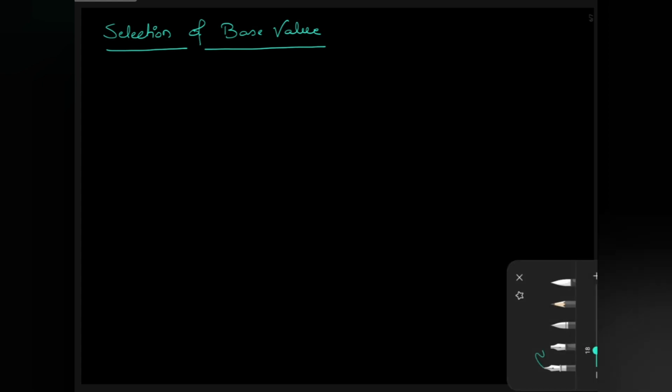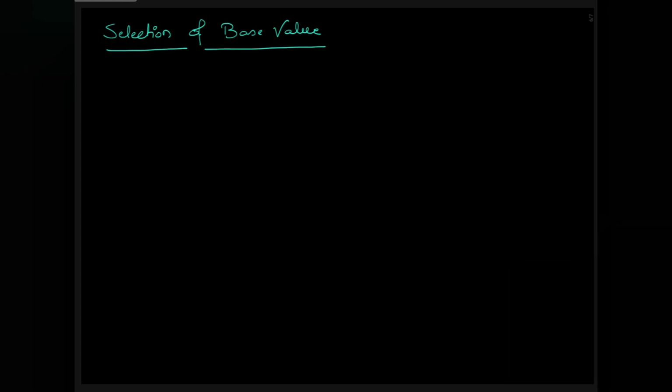Now how to select this base value? Selection of base value. Okay, so how do we select this base value? How do we take all the base values for all the quantities? See, we have 4 quantities, right?